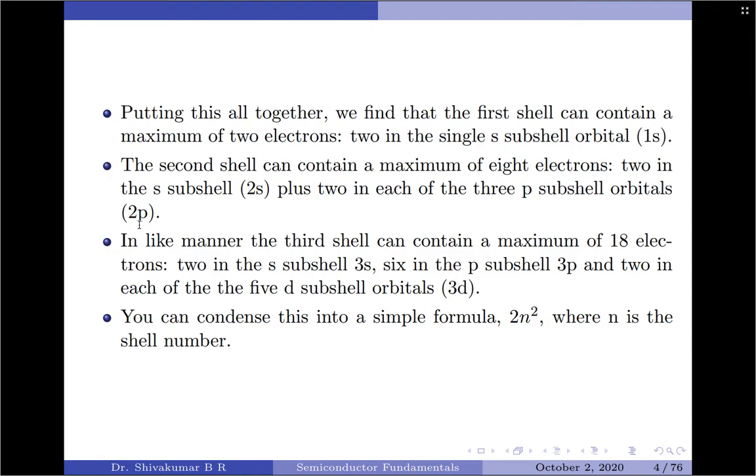In like manner, the third shell can contain a maximum of 18 electrons, 2 in the S subshell denoted by 3s, 6 in the p subshell denoted by 3p, and 2 in each of the 5 d subshell orbitals denoted by 3d. You can condense this into a simple formula as 2n², where n is the shell number.